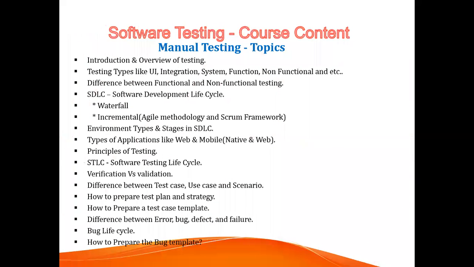Yeah. So I'm done with the demo now, and let us talk about the course content. Here you can see the high level course content. I will cover both manual testing as well as automation. In manual testing, these are the topics we'll be covering. You can see here.